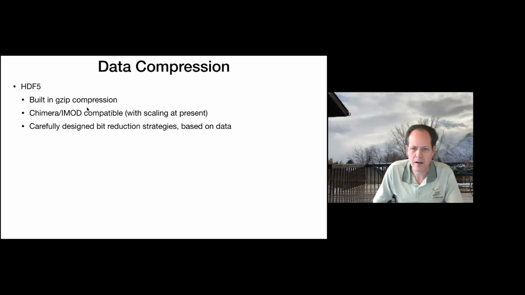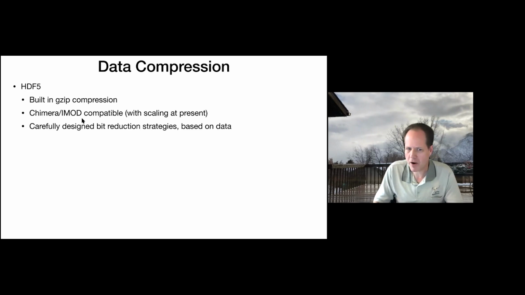On top of that, since the compression is supported natively by the file format, other software like Chimera or IMOD, which can read HDF5, can directly read the EMAN2 HDF files with no changes to their software at all. Although, as I'm going to explain in a second, there is a scaling factor because of the way we've implemented the bit reduction. So Chimera and IMOD will see these images, which started as floating point images, as integer images after we've done this bit rescaling.